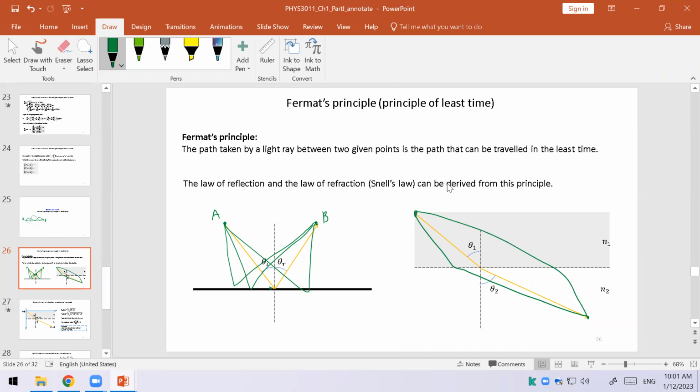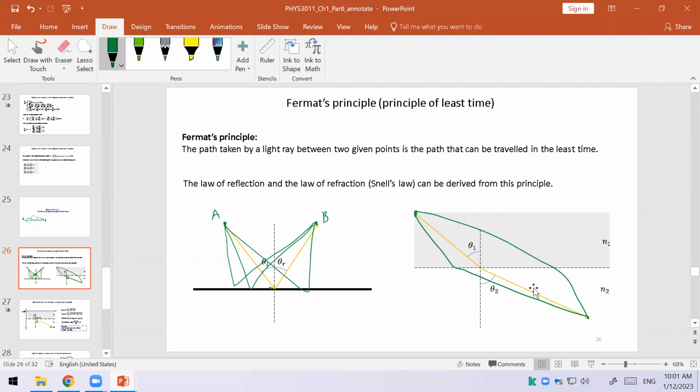In this case, you kind of understand the strategy, because now we have two different refractive indices. Let's say N1 is the one with the higher refractive index. That means light travels slower in this region, and faster in this region.